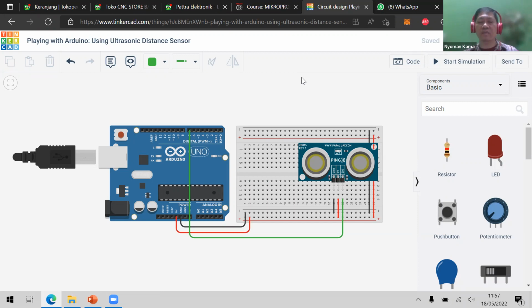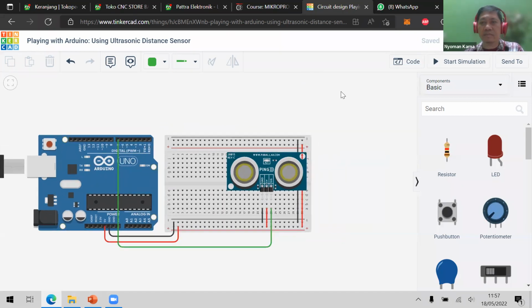That's the main difference between the ultrasonic distance sensor and the passive infrared sensor. The ultrasonic sensor measures distance, but the PIR sensor measures motion or movement. Okay, so now let's talk about the ultrasonic distance sensor.